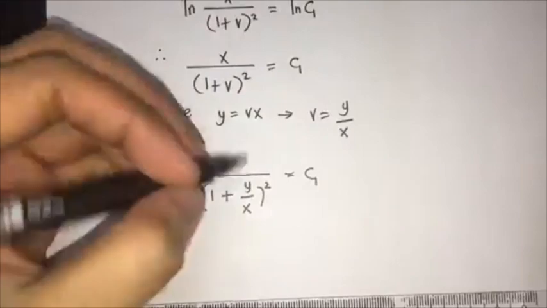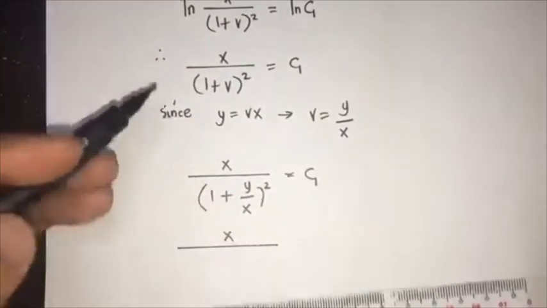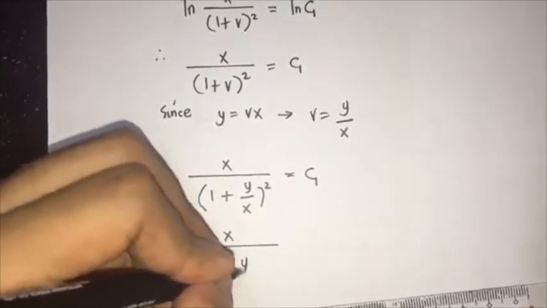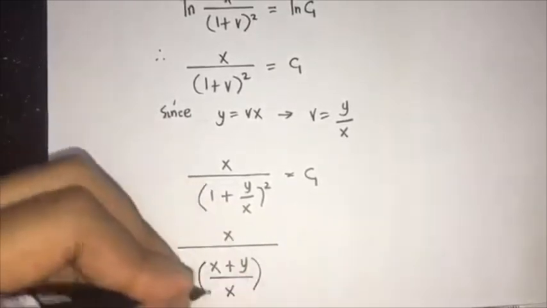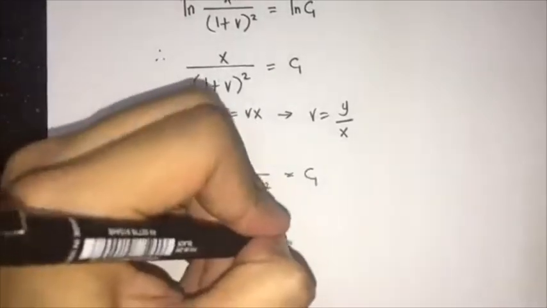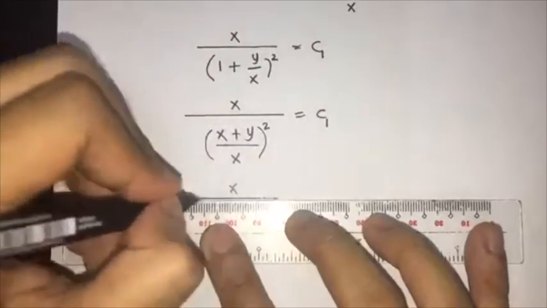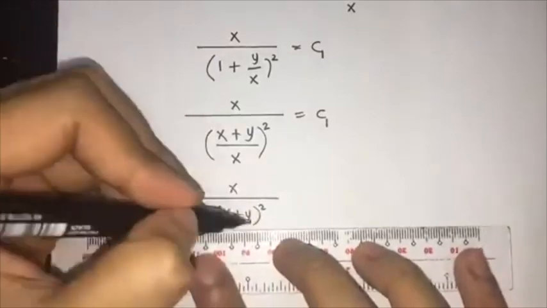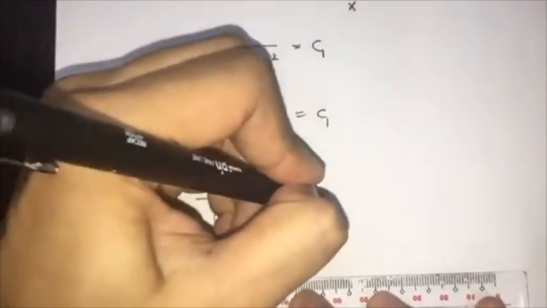Okay, so if we simplify that, x over 1 plus y over x would be equal to x plus y over x, squared, is equal to c1. So then that will become x over (x plus y) squared over x squared is equal to c1.